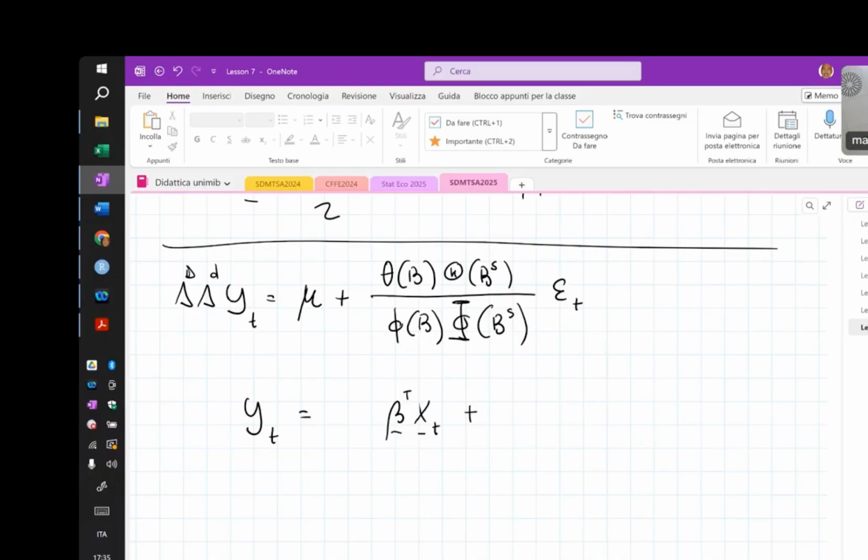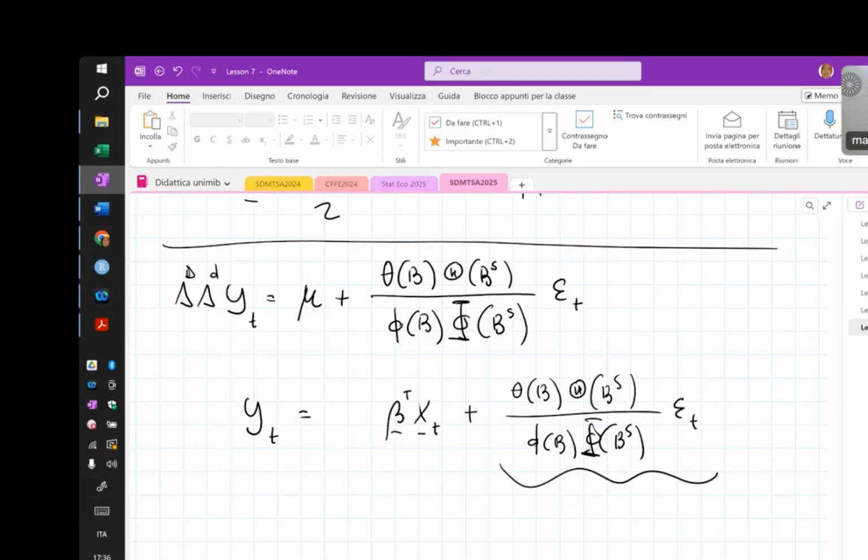So this is the ARMA part of the process. This is the regression, or the X part, the ARMAX.